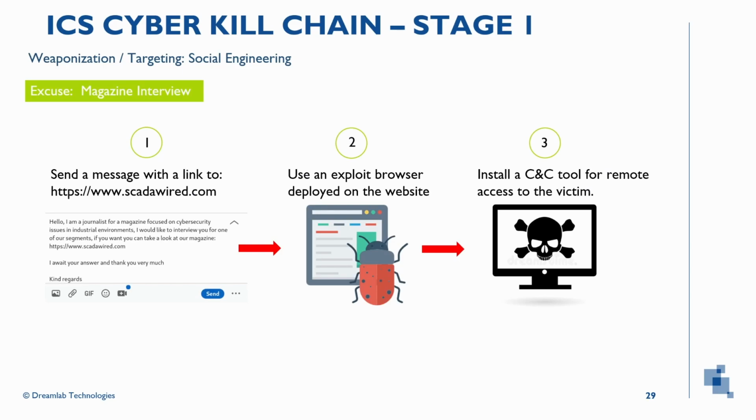Our goal for the social engineering vector is that the victim visits a malicious website and exploits a vulnerability in order to take control of her computer. Our excuse will be an interview for a magazine specialized in cybersecurity issues in industrial environments.